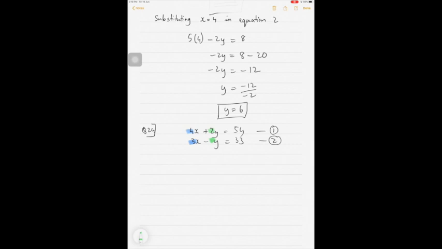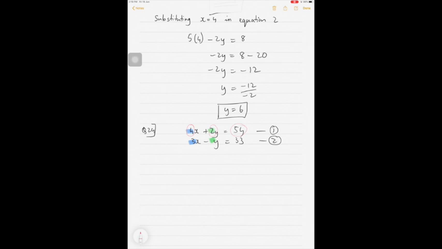One more thing I can do, I can divide the first equation by 2, because 4 is divisible by 2, 2 is divisible by 2, and 54 is also divisible by 2. So I can just divide equation 1 by 2, or I can multiply 2 to equation 2.